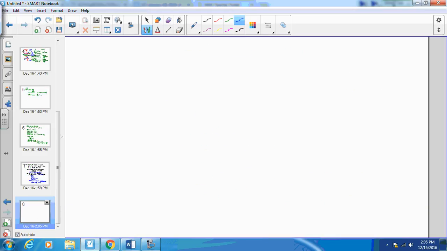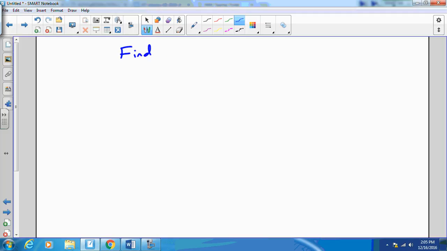Okay. In addition, we also can use our derivative to find equations of tangent lines. We don't have any uses for tangent lines yet, but we will in January. So we're going to kind of hold this in reserve.